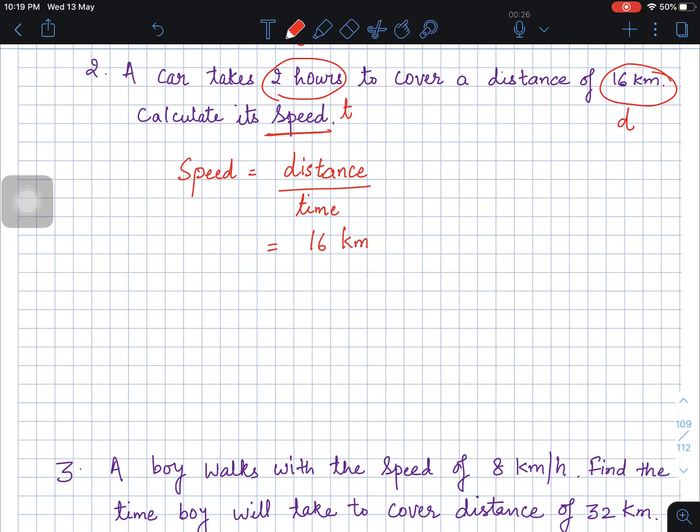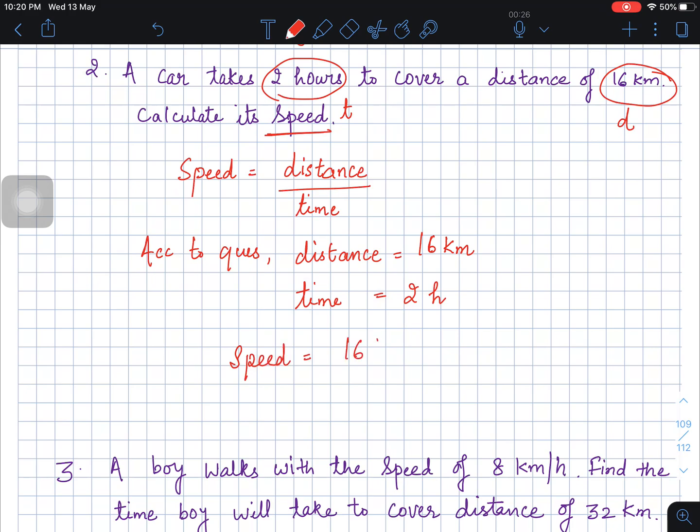According to the question, distance is 16 kilometer and time is 2 hour. So speed is equal to 16 kilometer divided by 2 hour.